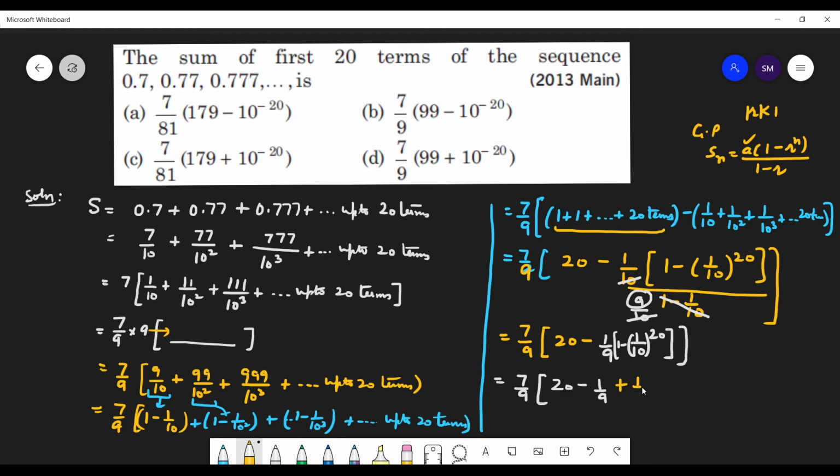If you are assuming this as x, and let this be y, what do you get? x square plus 2yx. Now what other term do you want, students, to make it a perfect square? x square plus 2xy plus y square. So what is y square? a square c square. So add a square c square and subtract a square c square.